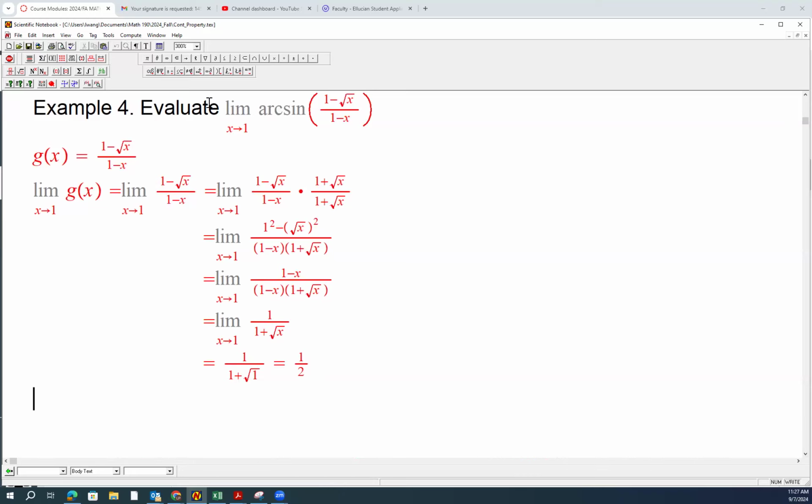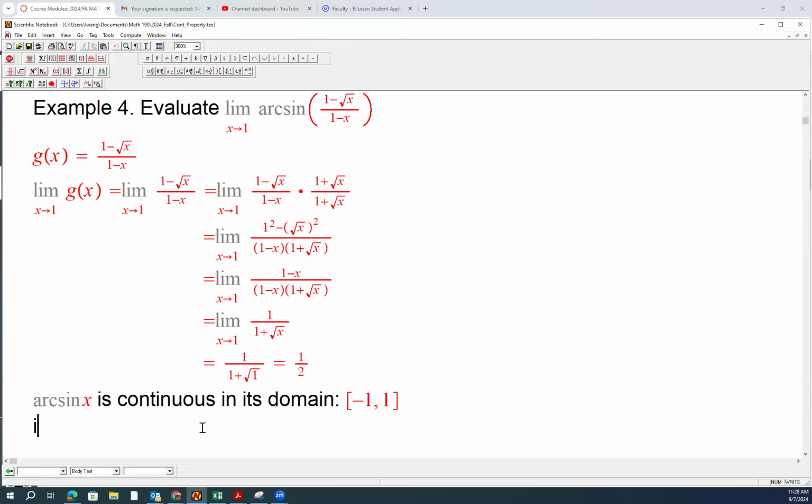The answer is yes, because arcsine is continuous in its domain. And what's the domain for arcsine? The domain for arcsine is from -1 to +1, and 1/2 is in it.